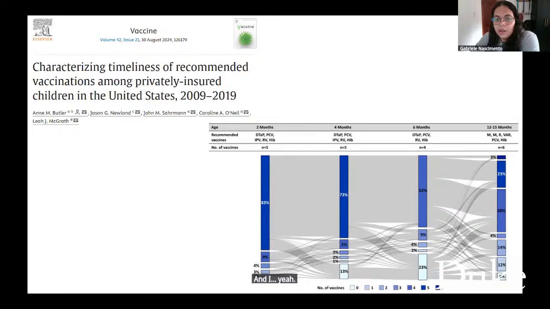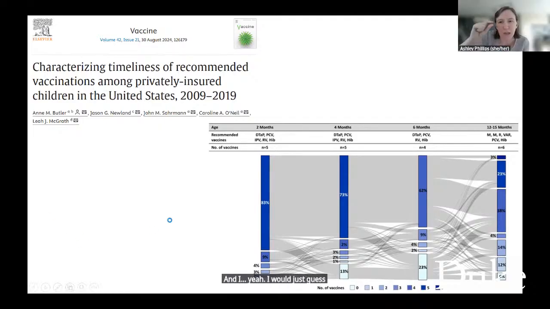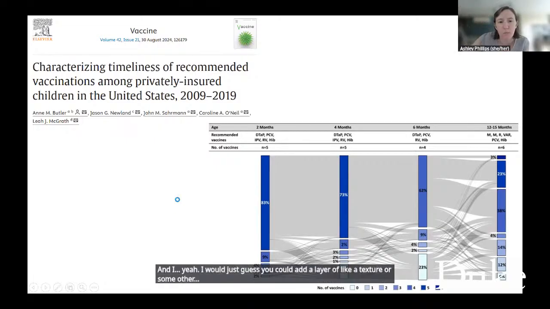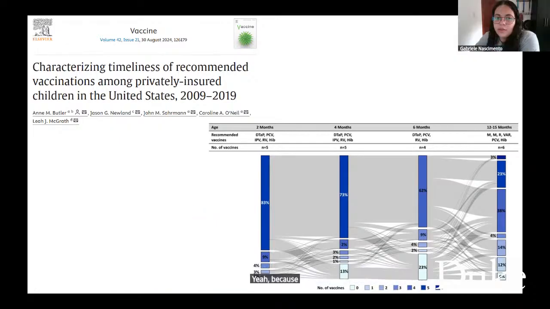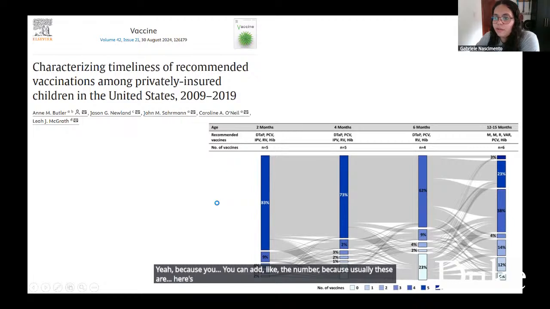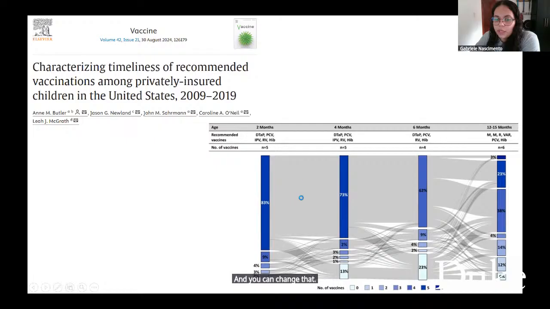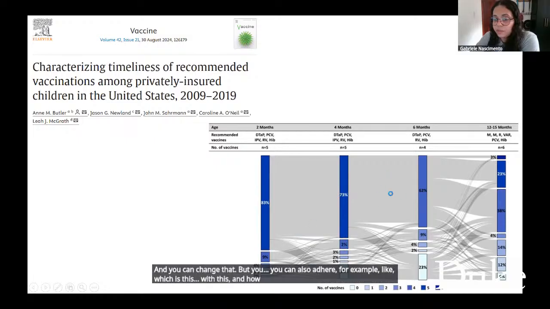Go on. I would just guess you could add a layer of like a texture or some other element to display that. Wouldn't you think that would be possible? Yeah, because you can add like the number because usually here's percentage, but you also have like the value and you can change that. But you can also add here, for example, which is this with this and how this transfers to this one.